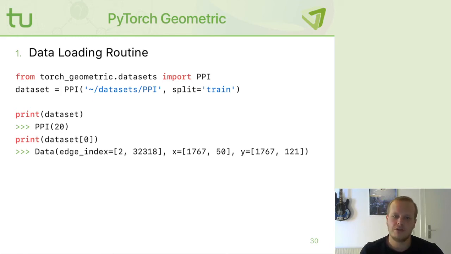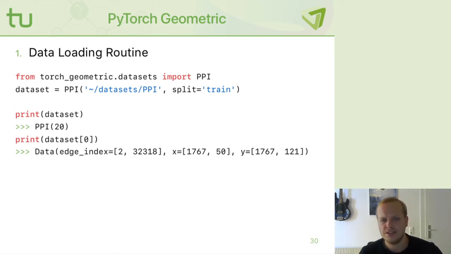So PyTorch Geometric will automatically download the respective dataset and store them on disk, so that's really convenient. So now we can inspect this dataset, for example by printing the overall dataset information and printing the first graph inside the dataset. And here we can see that this dataset indeed holds the 20 training graphs.